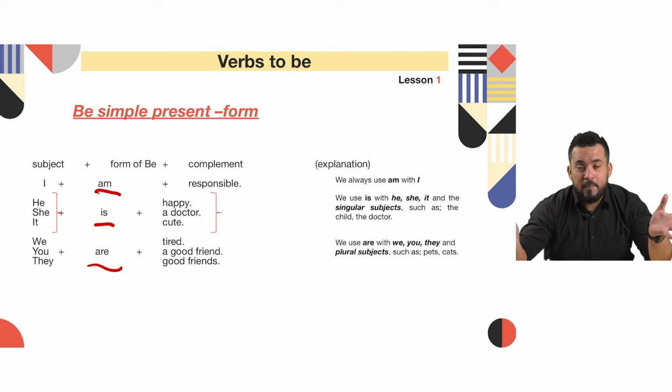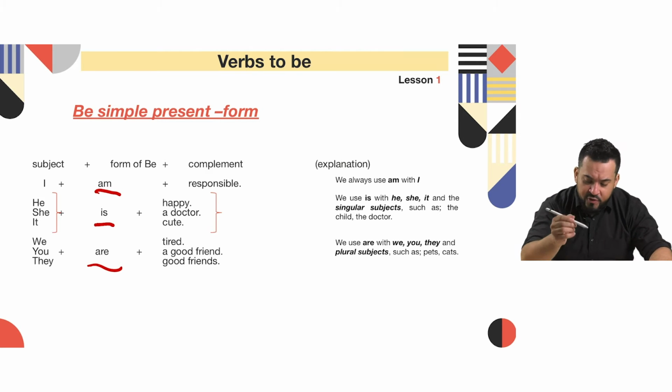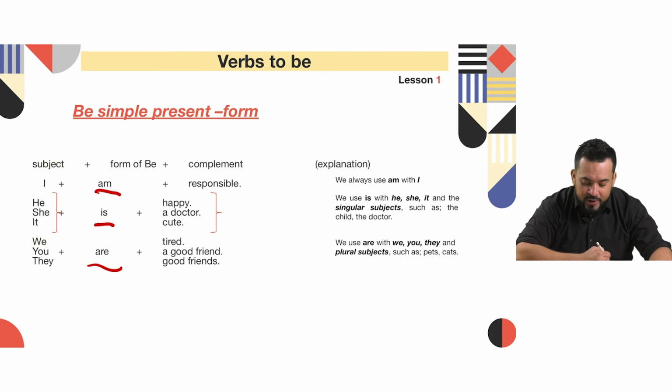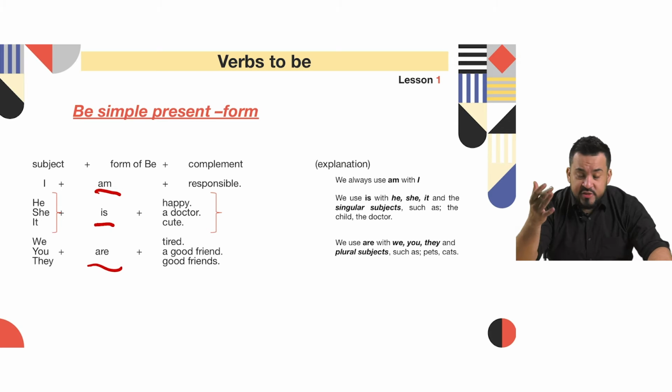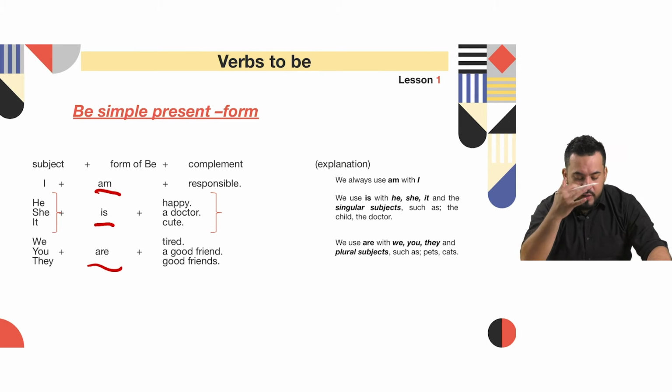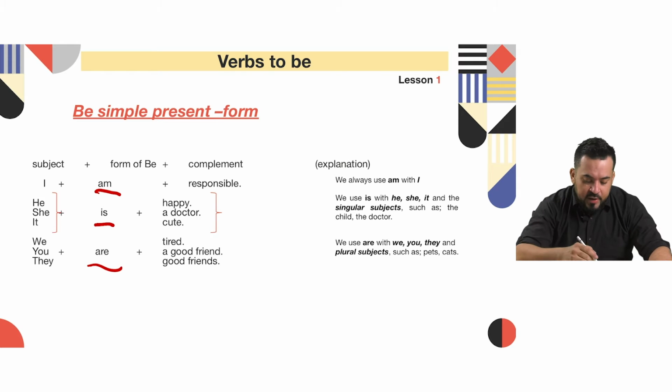Are is used for plural, like we are, they are, you are. All right, it's very important. You have to know the difference. Am is with I, is with he, she, it, are with we, you, they. So this is the form of the verb to be, all in the simple present.